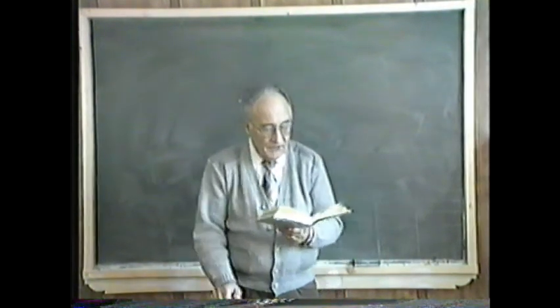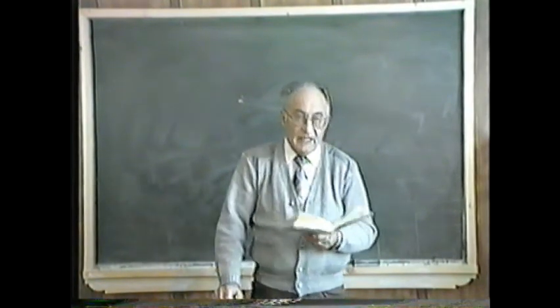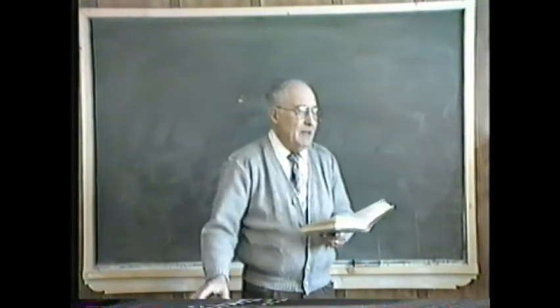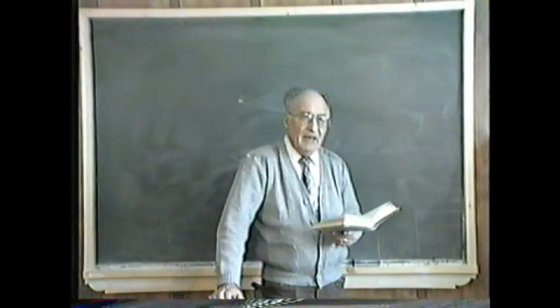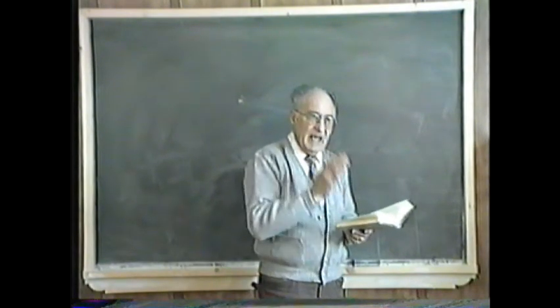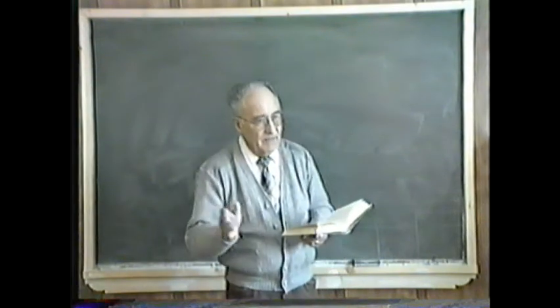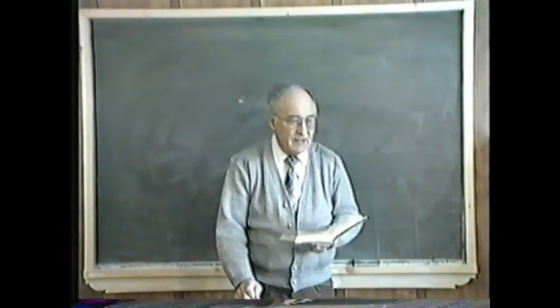Defective verbs. Some verbs were used in all the voices, in all the tenses as luo. He said many, and there are many. Many verbs have their existence in all three voices, the active voice, the middle voice, and the passive voice, and also in all of the tenses.